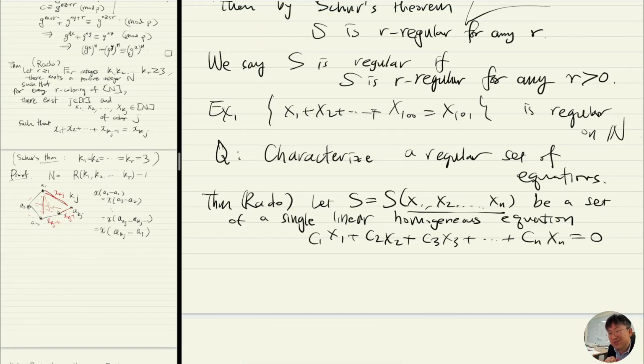Later we will also discuss the situation where you have multiple equations, but for simplicity, now we only focus on this simple case with integer coefficients c1, c2, up to cn.